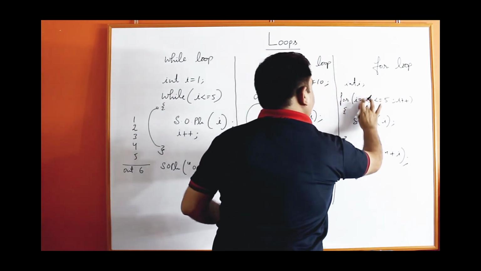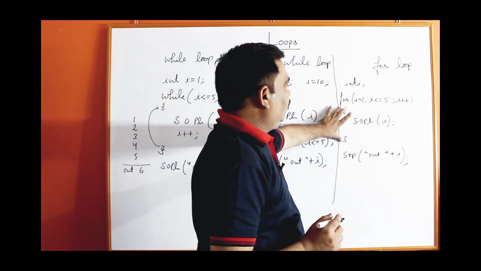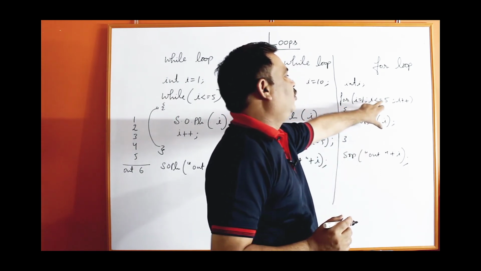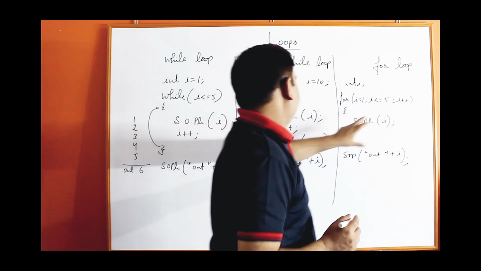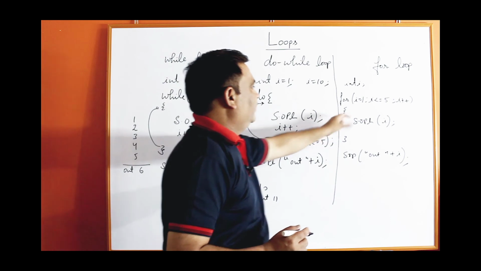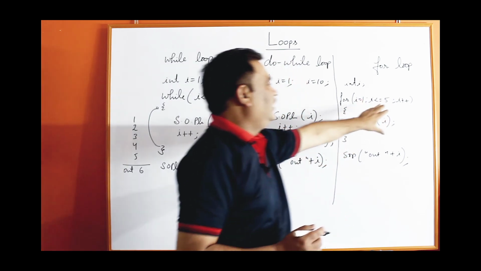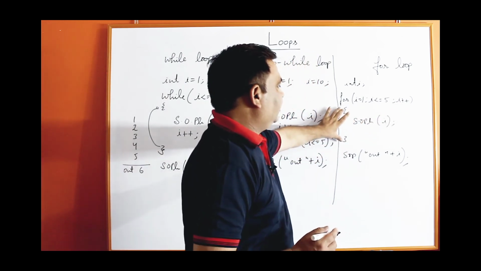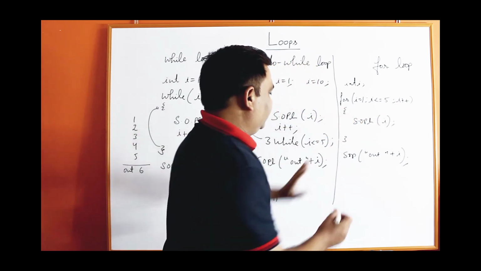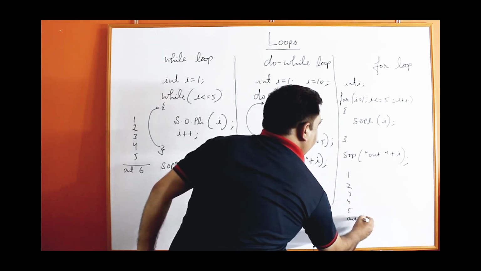Here this is 1, don't get confused, this is 1. This is the body of the loop. Loop will start from 1 up to 5. This is the increment I plus plus. Here we have taken I equal to 1. This is here condition. Between these two semicolons you have to write the condition, and I plus plus, any statement you can write, and this is the body of the loop. Same result you will get: 1, 2, 3, 4, 5, out 6.